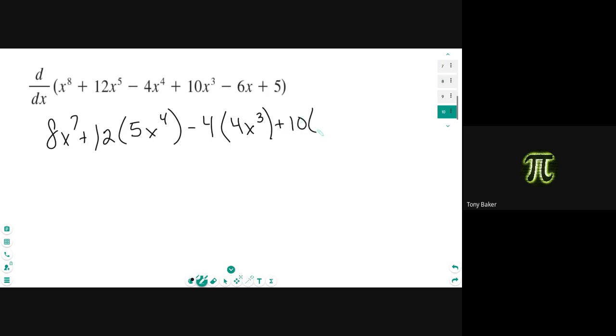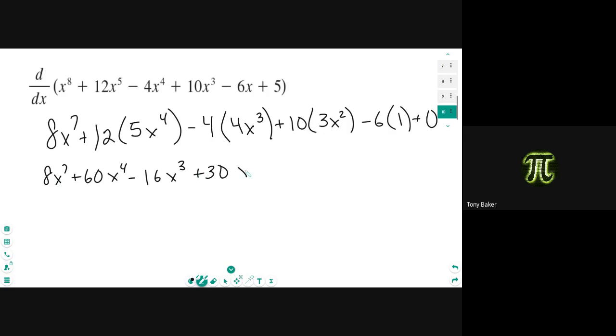Plus 10 times, minus 6 times 1. And the 5 is 0. So we get 8x to the 7th plus 60x to the 4th minus 16x to the 3rd plus 30x squared minus 6.